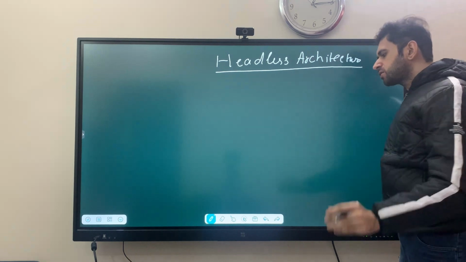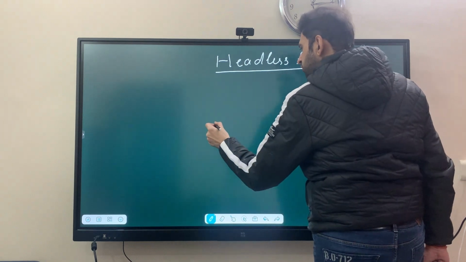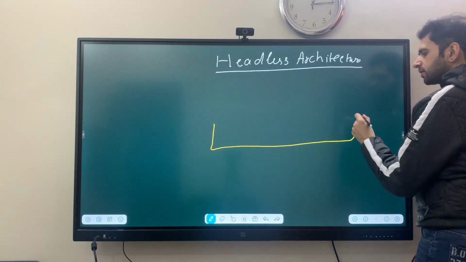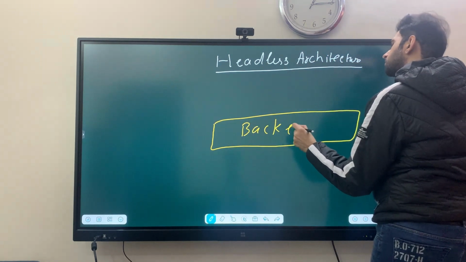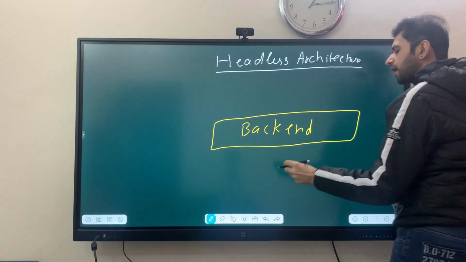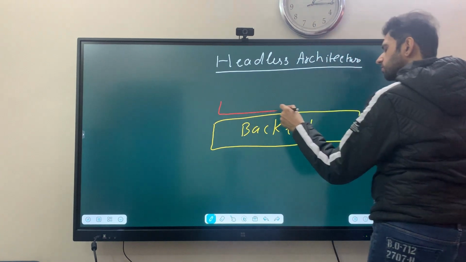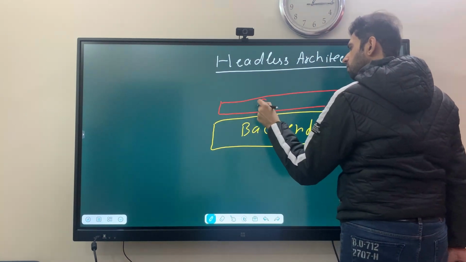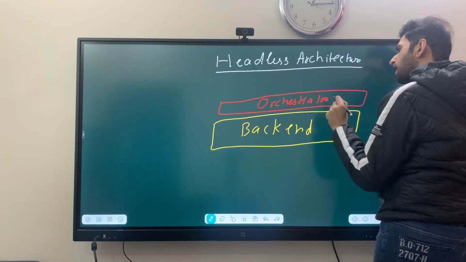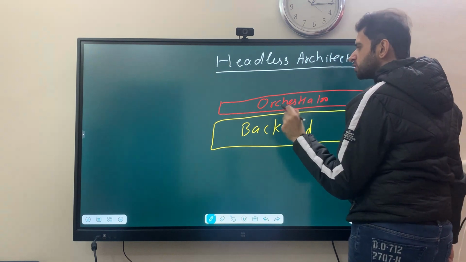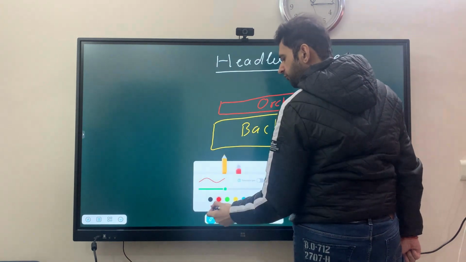So what we can do is we can reuse our code and we can just define one single backend and one single orchestrator, and we can make multiple front ends.